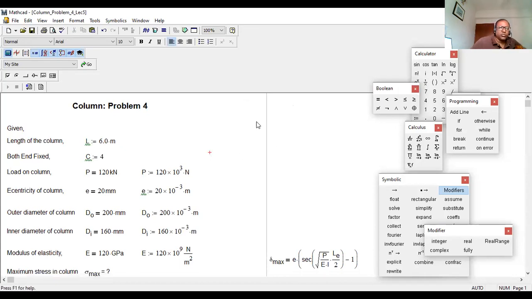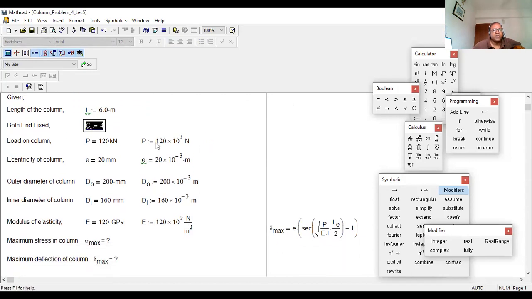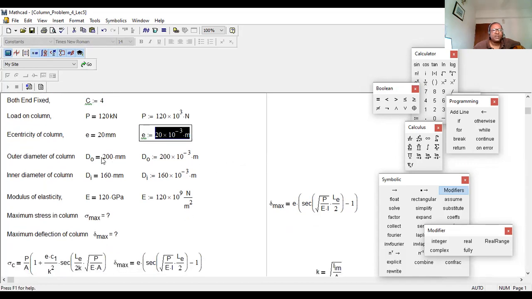Both ends fixed, so C is equal to 4. P is given as 120 kilonewton; you convert it into Newton. Eccentricity of the column is 20 millimeter, so you get the value of E. Outer diameter is given; you convert it into millimeter.